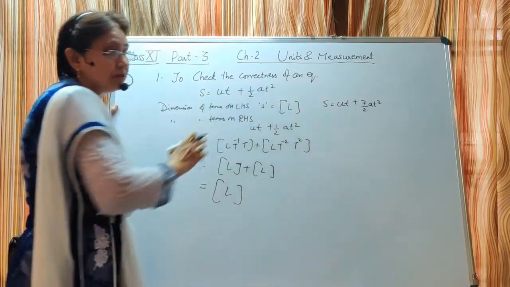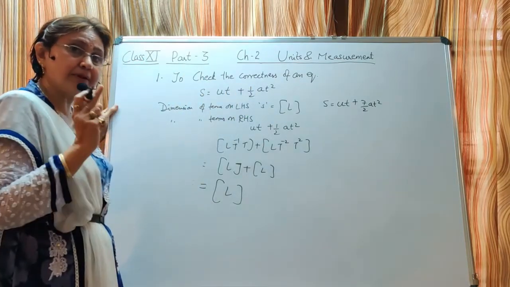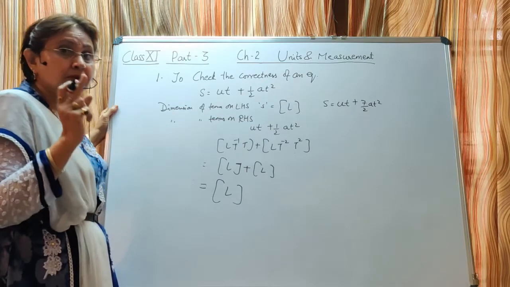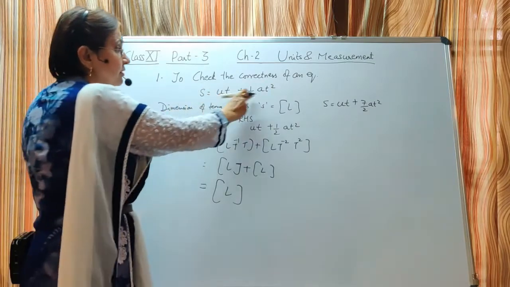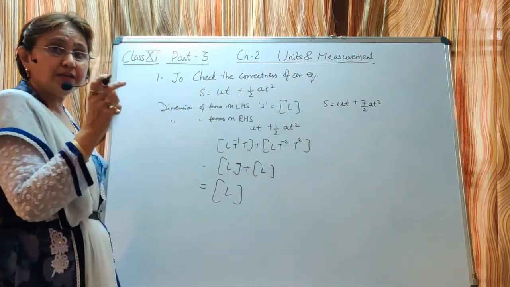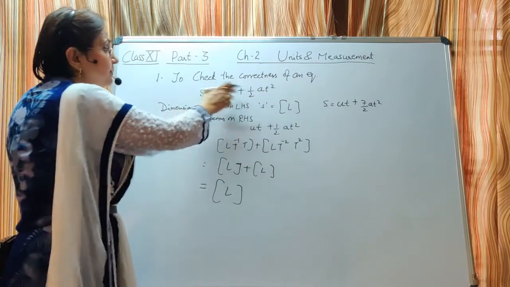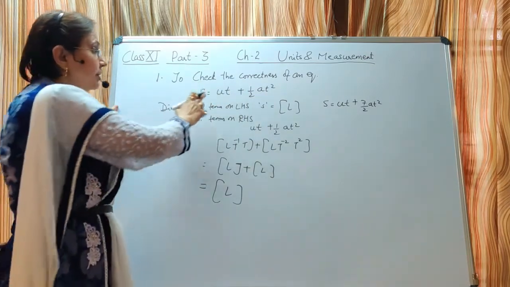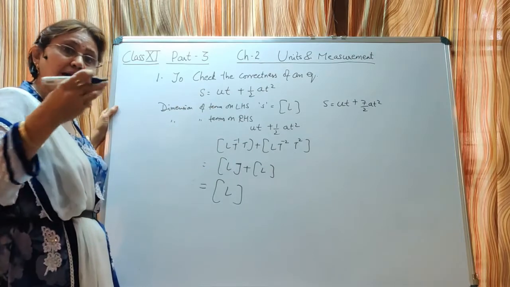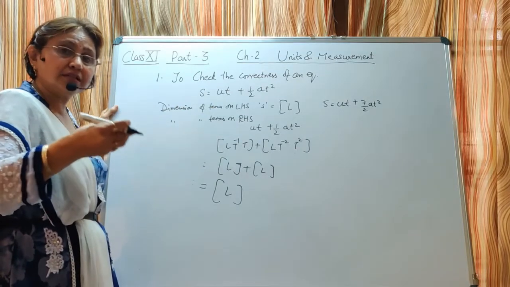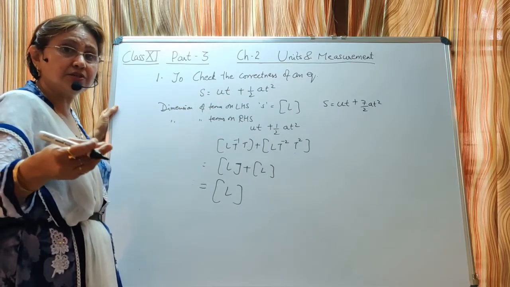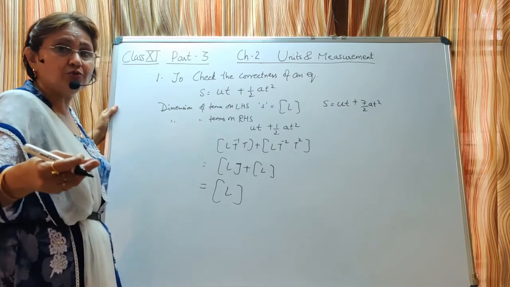Terms can be added or subtracted in an equation only if they have the same dimensions. Two terms having different dimensions can never be added or subtracted. Like velocity can be added to velocity only. Acceleration can be added to acceleration only. Velocity cannot be added to force. Why?